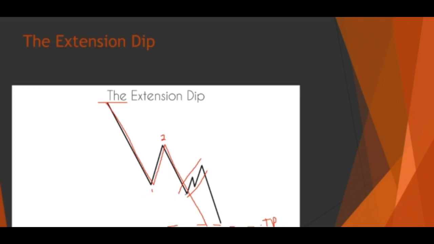And then internally, this is your origin. This is your 1, this is your 2, and 3. Your entry is at the 100 level for entry, or of course golden zone, a little different. 161.8 is your stop loss.